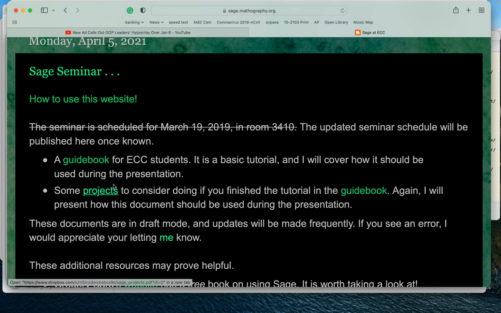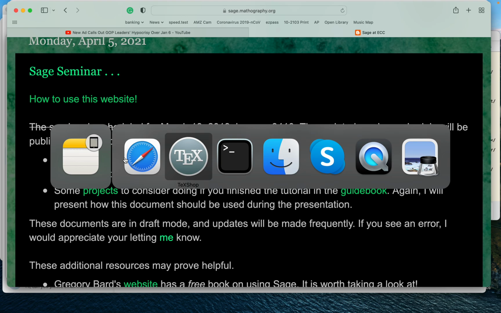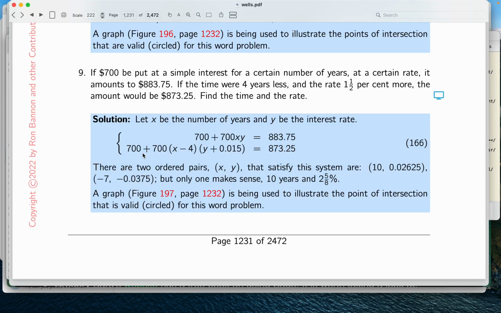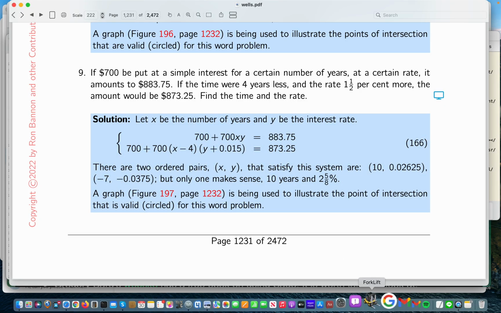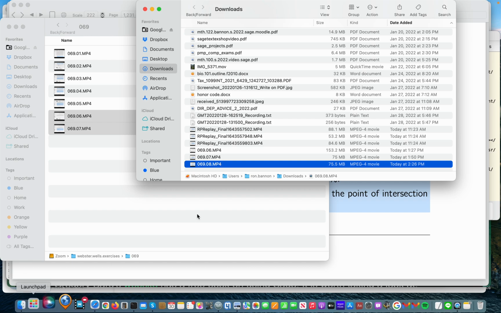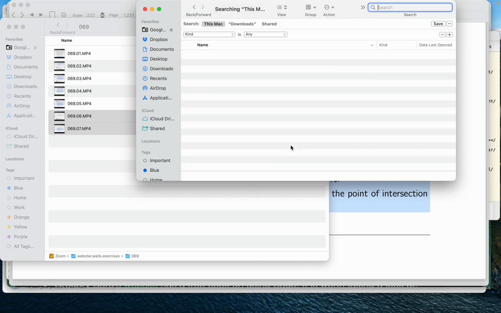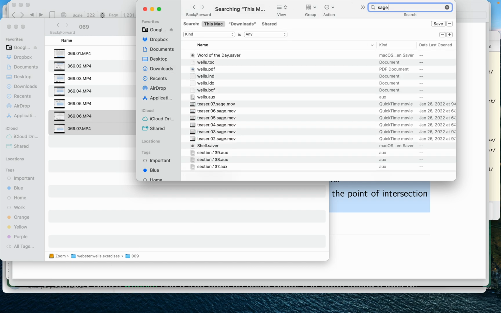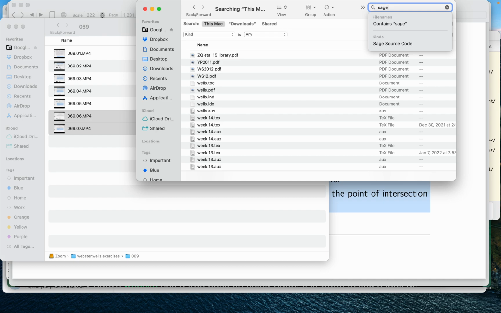What I want to do is launch Sage, but I want to go back to my document, and that's it. I want to launch Sage, and I'm going to do that by going to the Finder, and it's on my computer, and I'm going to find Sage, S-A-G-E, and let's see, Sage.